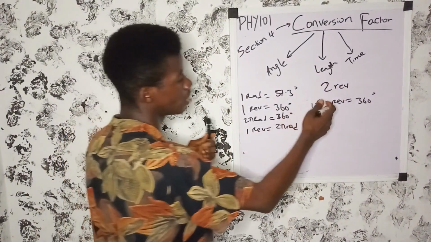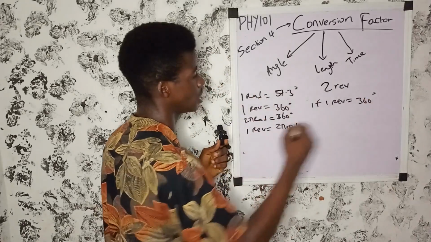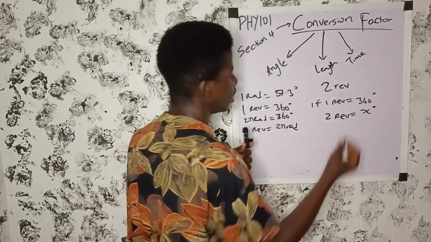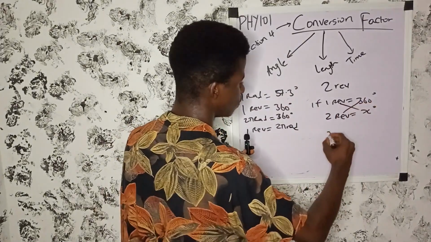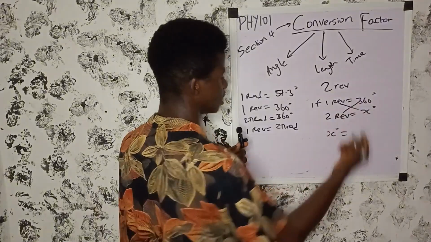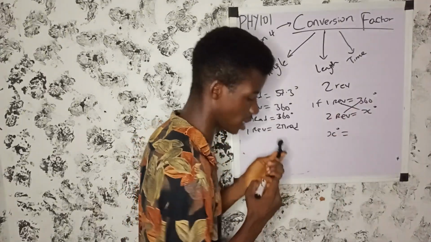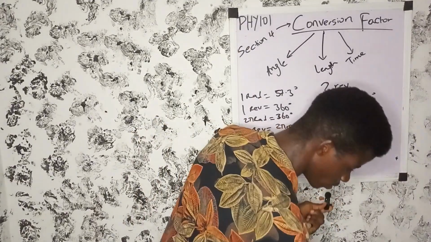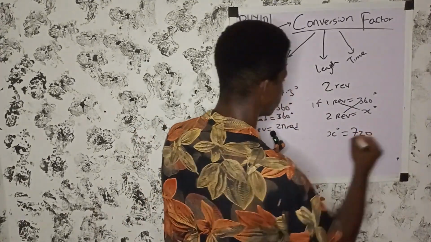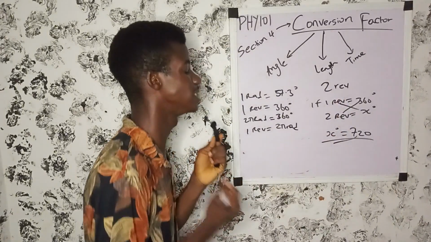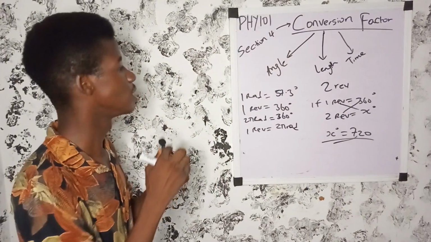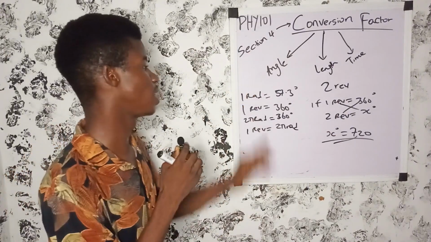You say if 1 revolution is equal to 360 degrees, then 2 revolution will be equal to x degrees. 1 times x gives x, then 2 times 360 gives you 720. So 2 revolution is the same thing as 720 degrees.